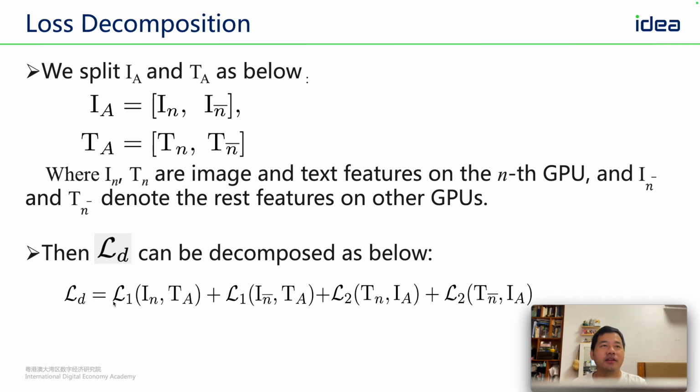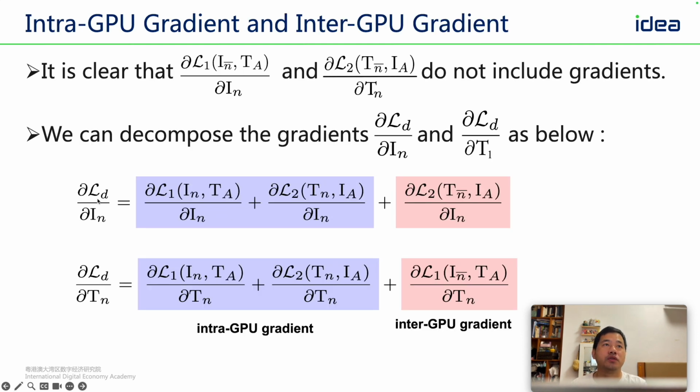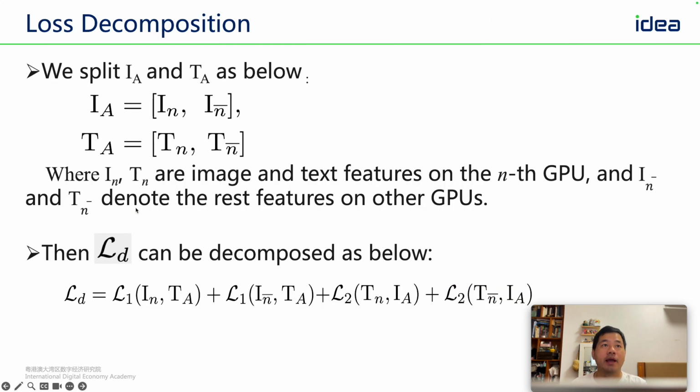L_D equals L1(I_n, TA) plus L1(I_n inverse, TA) plus L2(T_n, IA) plus L2(T_n inverse, IA). What we need to do is to compute partial L_D over partial I_n, so we need to compute the gradient with respect to I_n.